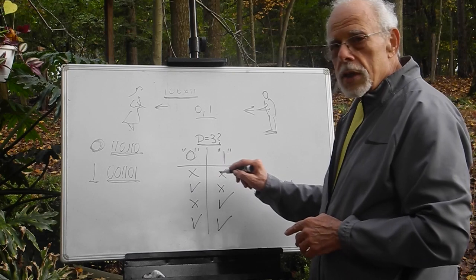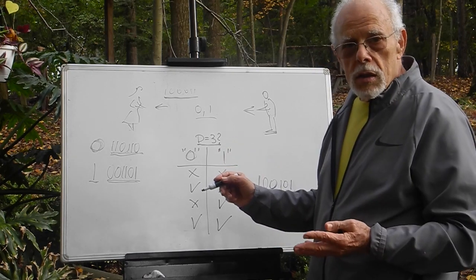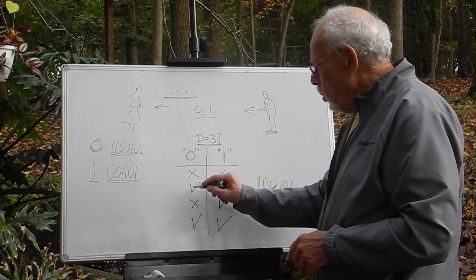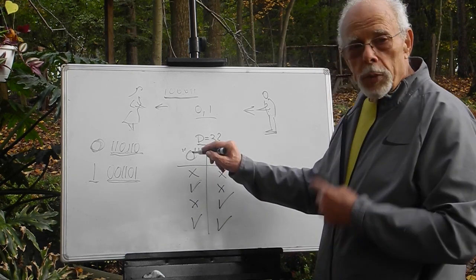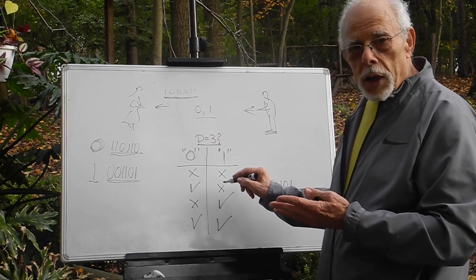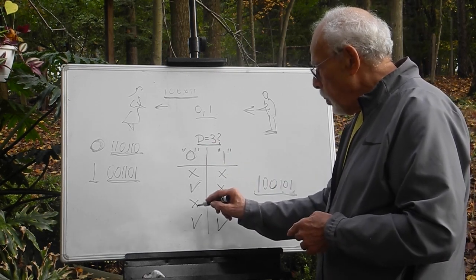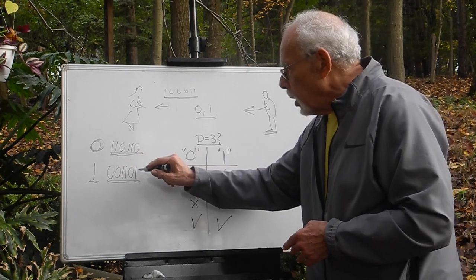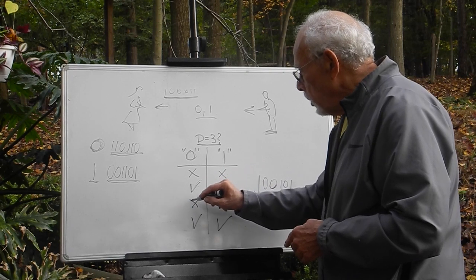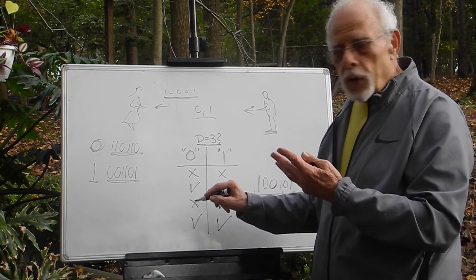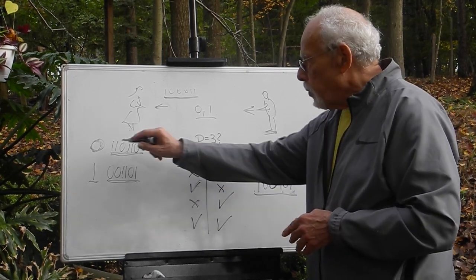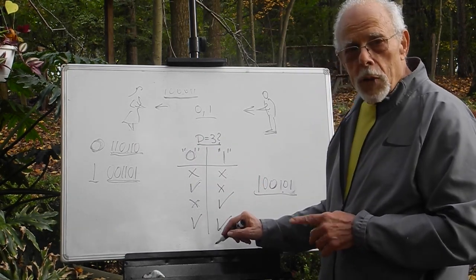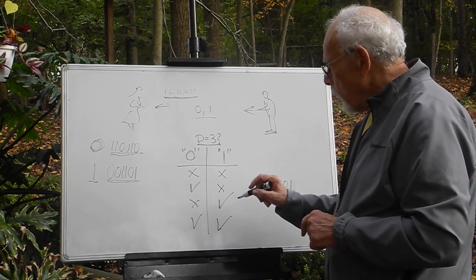Either there is no distance 3 but any other distance, 1, 4, 0 for both, or a distance 3 from the 0 and something else from 1, or the opposite, a distance 3 relative to this string that represents 1 and a different Hamming distance from this string, or both have a distance 3. Now, here is the key.